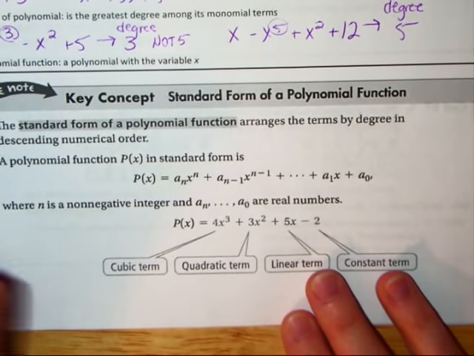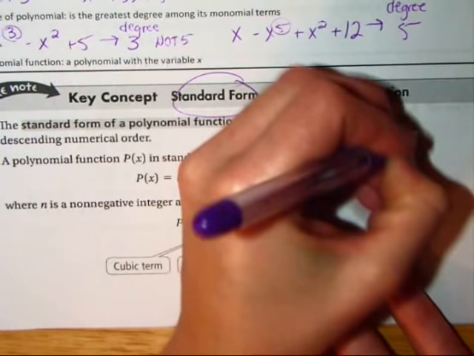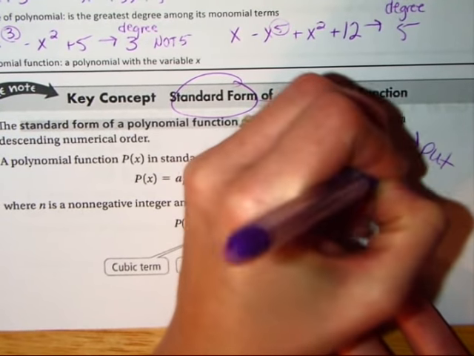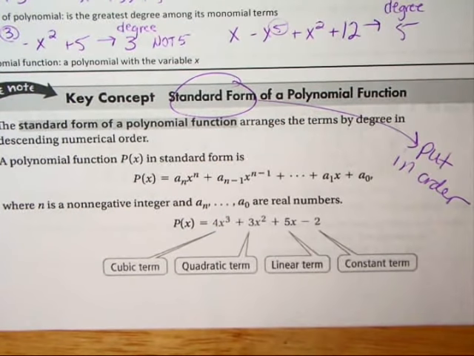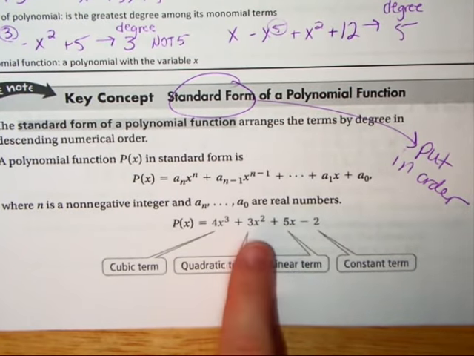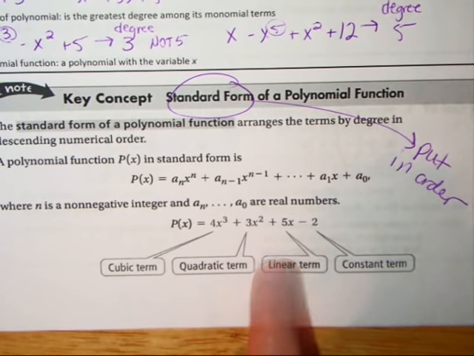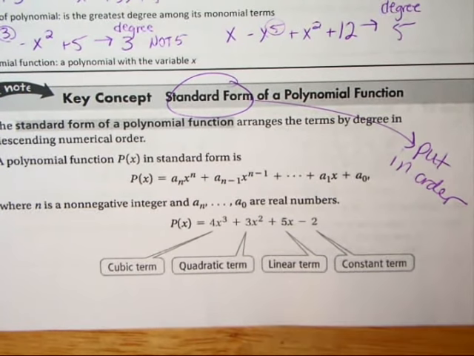Now standard form just means this, guys. Standard form wants you to put it in order. Just take all of your variables and put them in order with your degree. Okay. Now you're going to learn about different types of words like cubic, quadratic, linear, and constant.